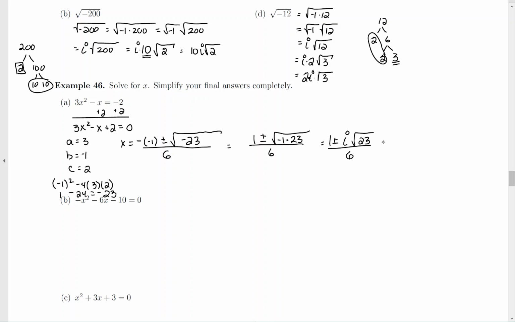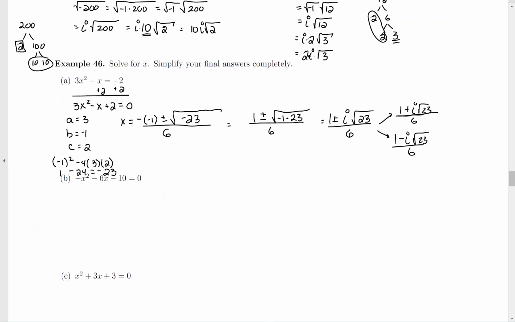So my two answers, and oftentimes they'll ask you to write this up on WebAssign this way, is 1 plus i square root 23 divided by 6, or 1 minus i square root 23 divided by 6. Make sure that division bar goes all the way across and is underneath everything up in that numerator.